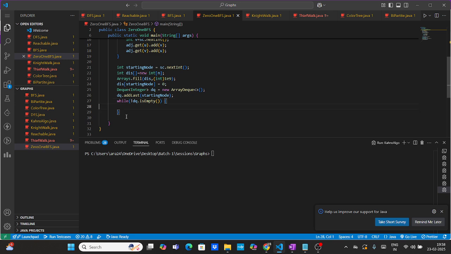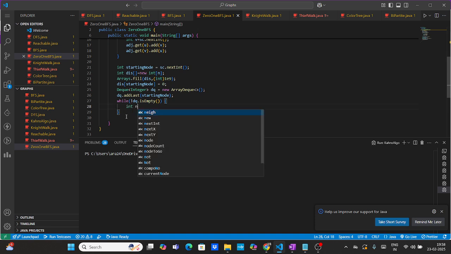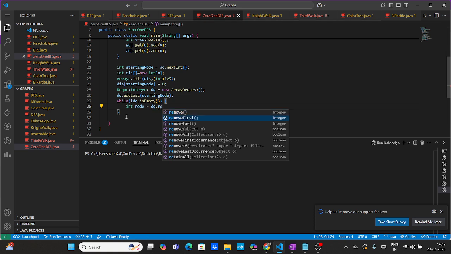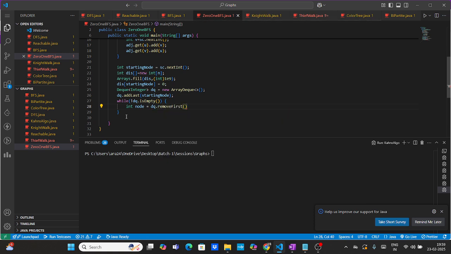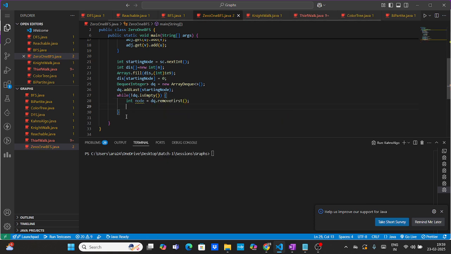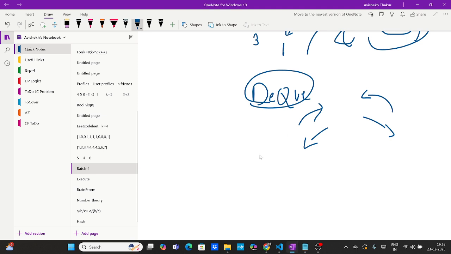Okay, so while the deque is not empty, int node equals dq dot remove first. Remove first or remove last? Remove first, since we are removing from the front, right? This is a deque, this is last, this is first, so we will remove it from here itself.